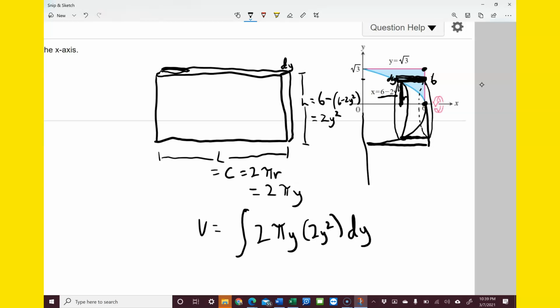So the cylindrical shells are going this way, and they stop there. And that stops at the square root of 3, so we integrate from 0 to the square root of 3.